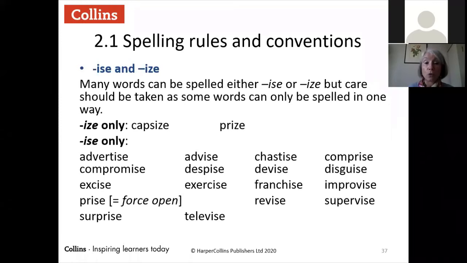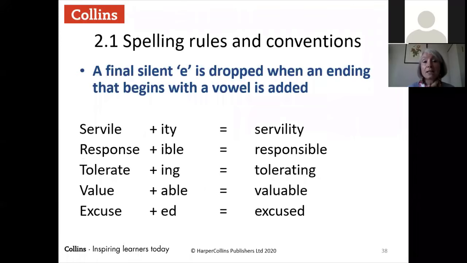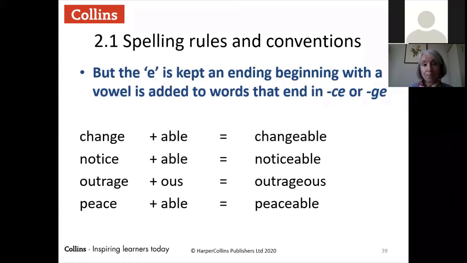Revise these before the competition. These are all fair game. Anybody setting a spelling bee competition is going to put words like this in to trick you, to try and catch you out. You must revise them. Silent E is dropped when an ending that begins with a vowel is added. Revise this. But it's kept at the ends of words ending in CE or GE. Change, changeable, notice, noticeable. Revise this.